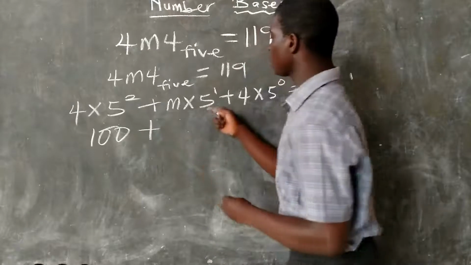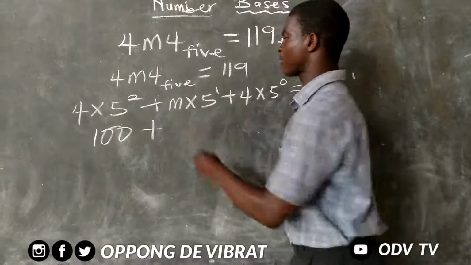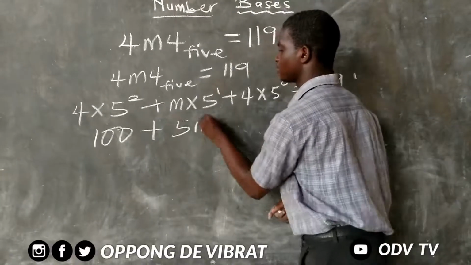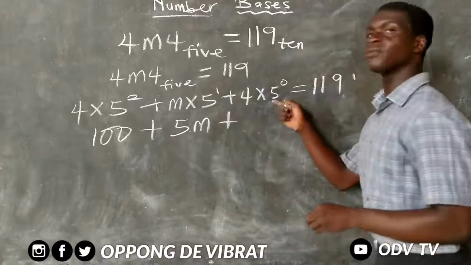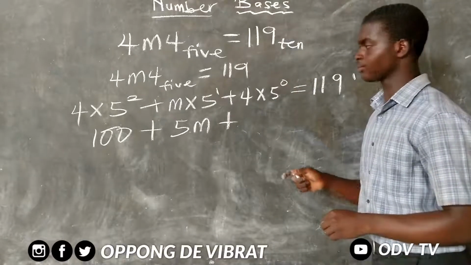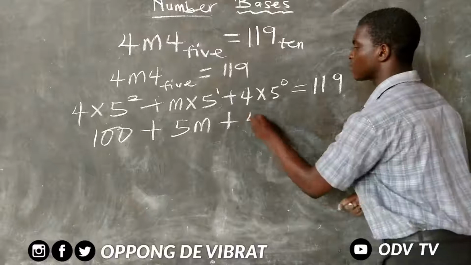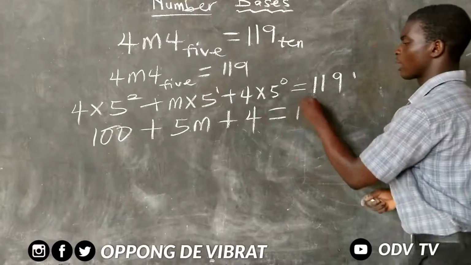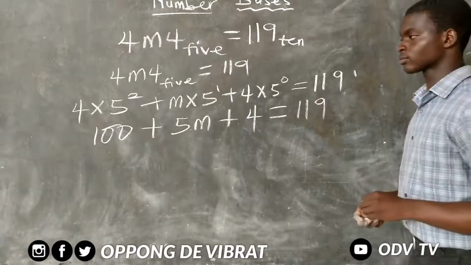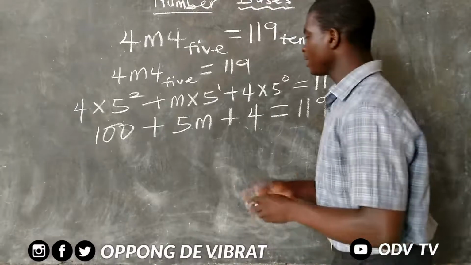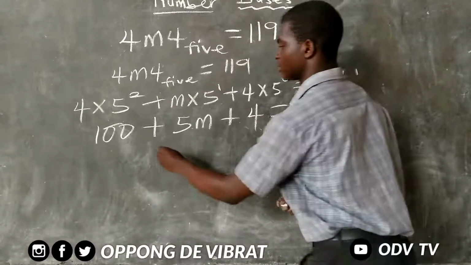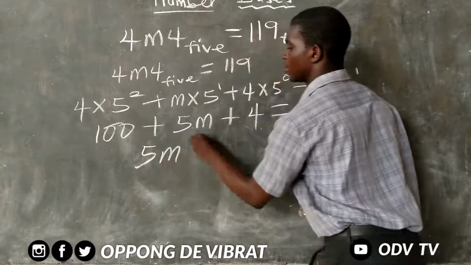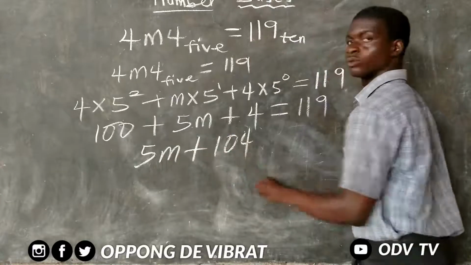Plus 5 to the power 1 gives us 5, multiplied by m gives us 5m, plus 5 raised to the power 0 gives us 1, multiplied by 4 gives us 4, which is equal to 119. 100 plus 4 gives us 104.